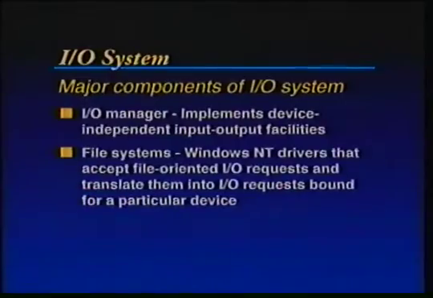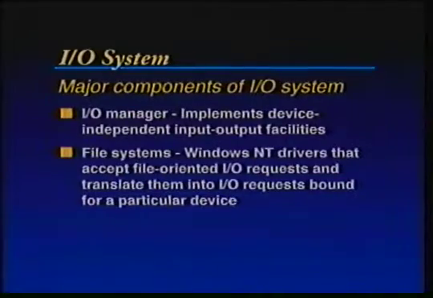So the I/O system under Windows NT really consists of 4 different layers, I would say. The first one is the I/O manager, which contains very generic file I/O routines, such as read file, write file, open file, and so forth, and really exists independent of any particular file system, such as NTFS or FAT.